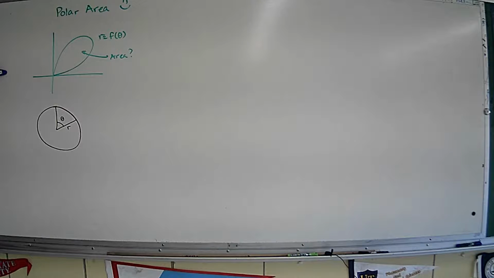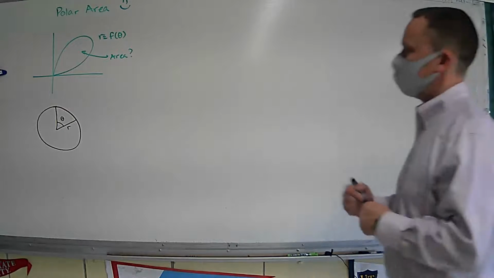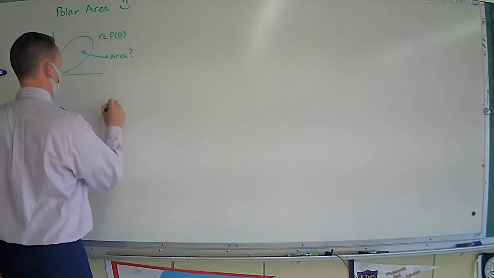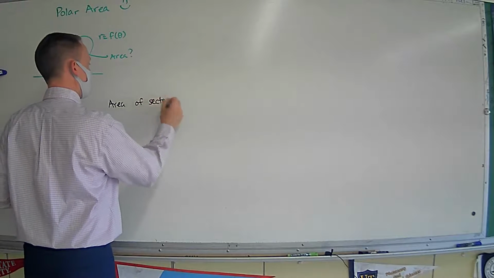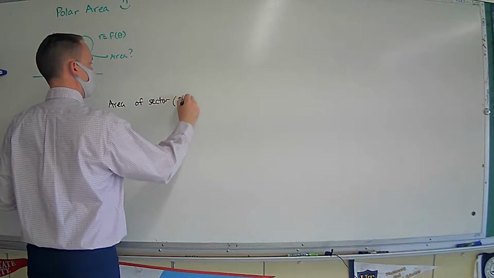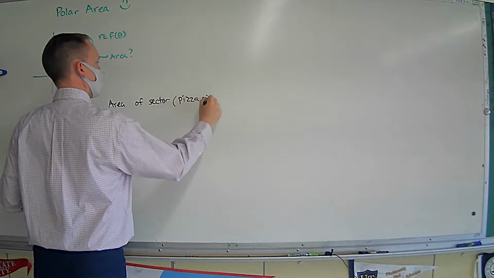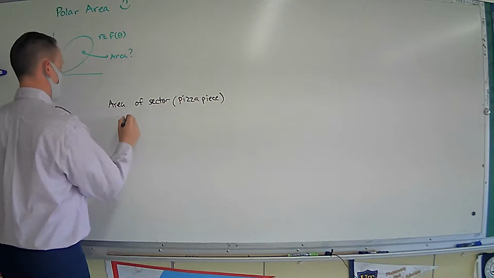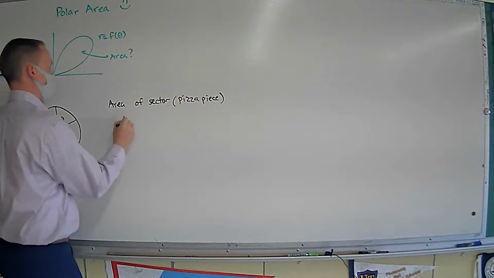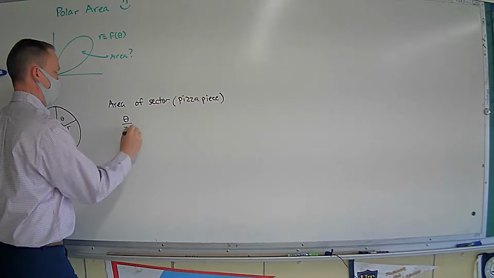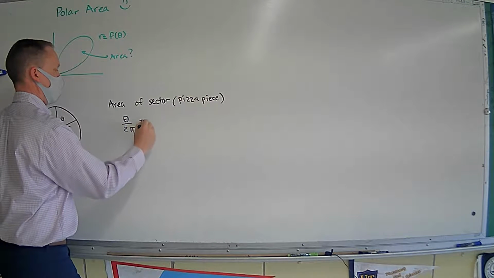So that little pizza slice is called a sector. Maybe a word that you don't remember. So if theta were in radians instead of degrees, wouldn't that be theta over 2 pi times pi r squared?